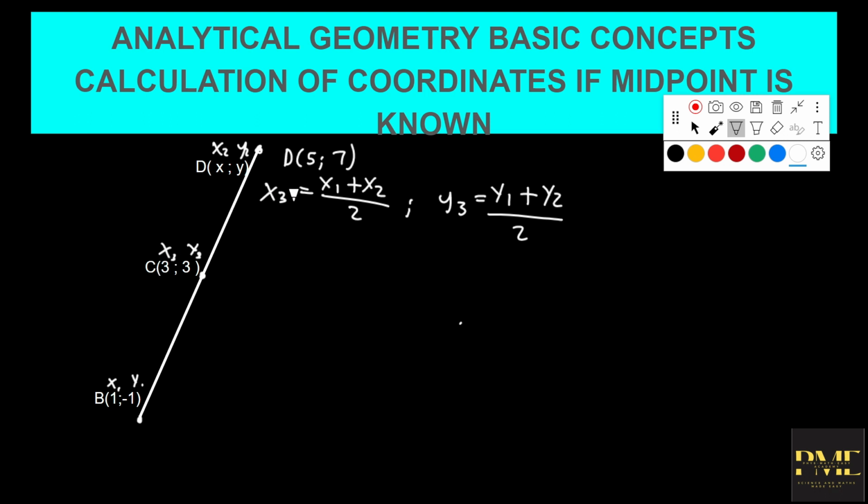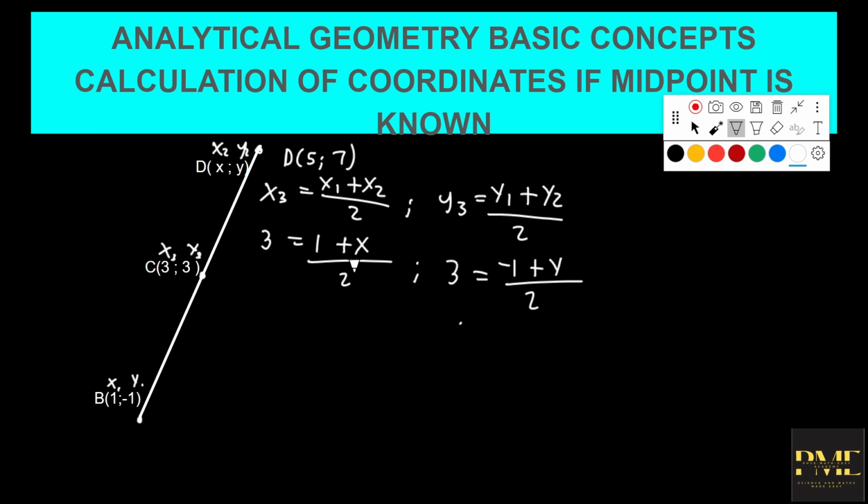So for our x3, let's start by substituting, and you will see exactly what I was talking about. Our x3 is 3, so where we see x3 we put what? 3. So 3 equals our x1, which is what? 1, so we put 1 plus x2 all over 2. The same for y3, which is 3, equals y1, which is 1, plus y2 all over 2. Therefore, when solving this equation, there is one fraction.